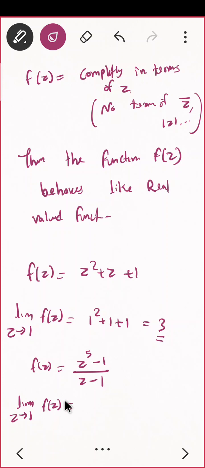Yes, anyone? How do you solve this type of limit? That is, you want to find the limit z tending to 1, z raised to 5 minus 1 upon z minus 1. As I told you, this works like a real valued function. So how do you do it in a real valued function?